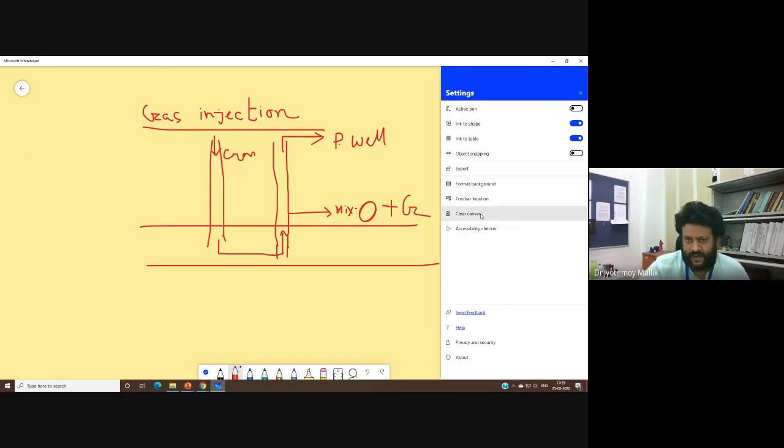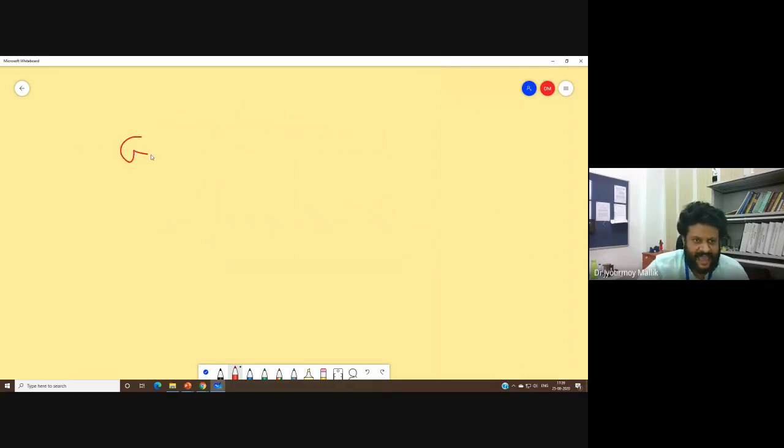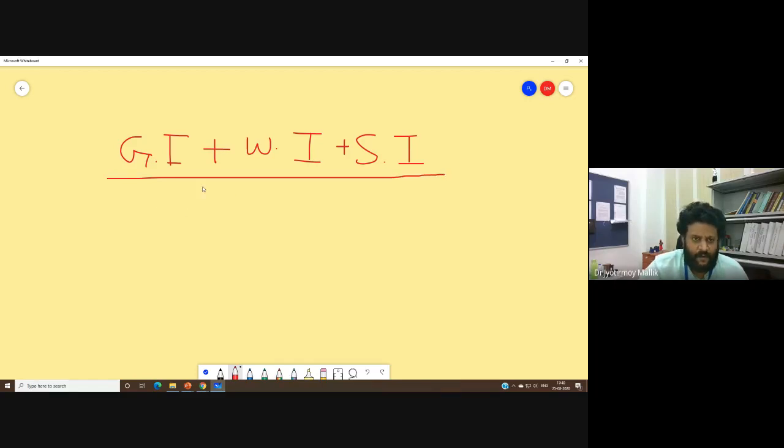So now gas injection, water injection, steam injection, all these processes, let me just put it here. So gas injection plus water injection plus steam injection, all these things together are put under a specific term, which we call EOR or EGR.